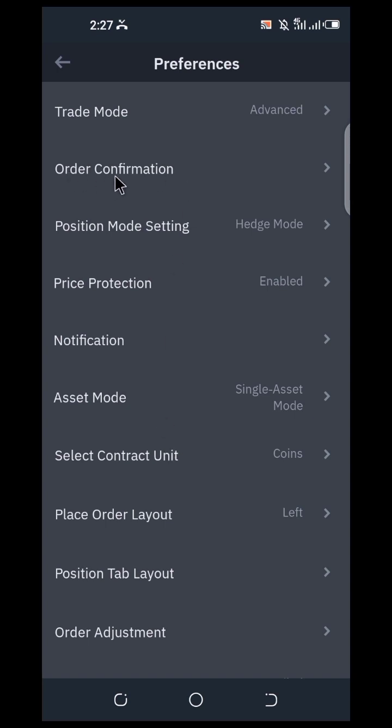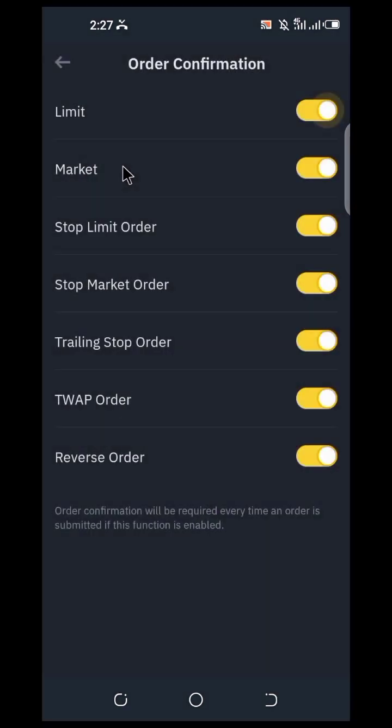And then we also have the order confirmation. That's the next option. When you click on the order confirmation, in my case I have all these ones checked. I have them turned on. What it means is that when you are opening a limit order or any position, if it is a limit order position, they will show me the preview of everything and then I'll click on confirm. But if I have this unchecked, if I'm opening any limit order, it will automatically open the position or automatically set my trade without allowing me to go through the preview and confirm it myself.